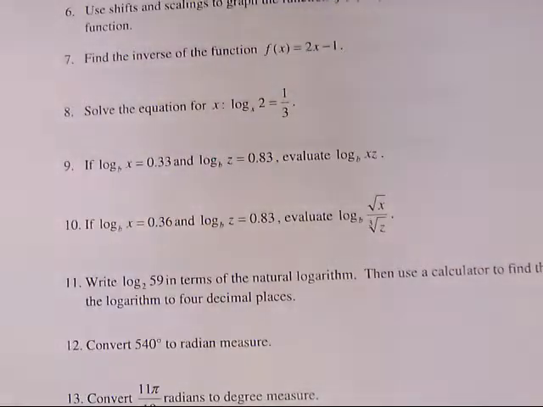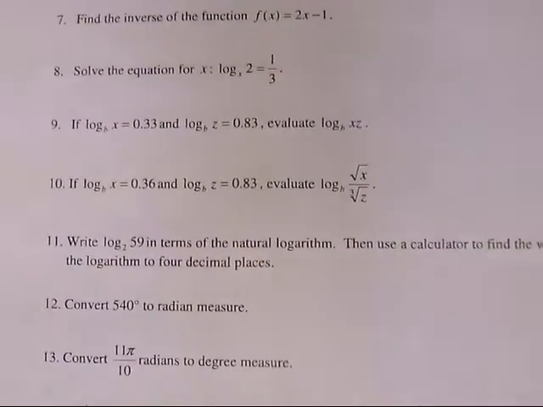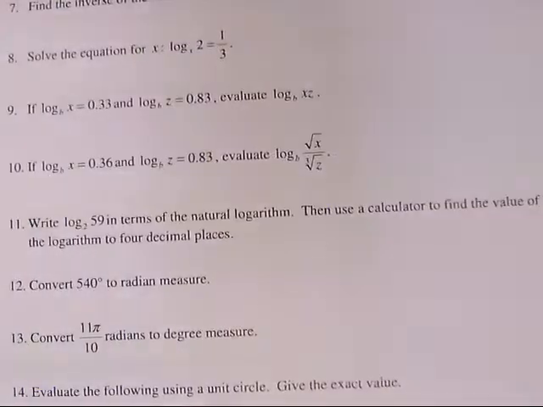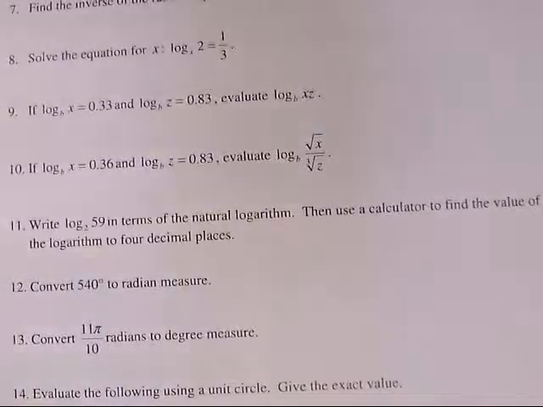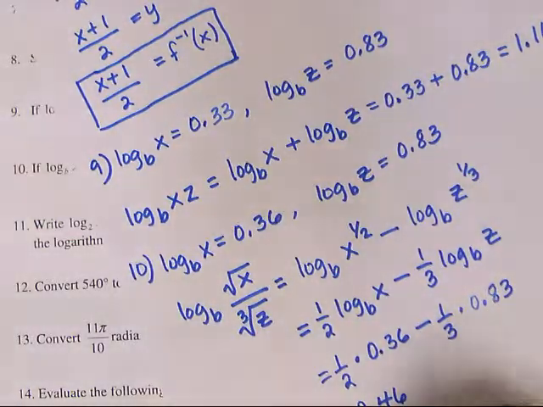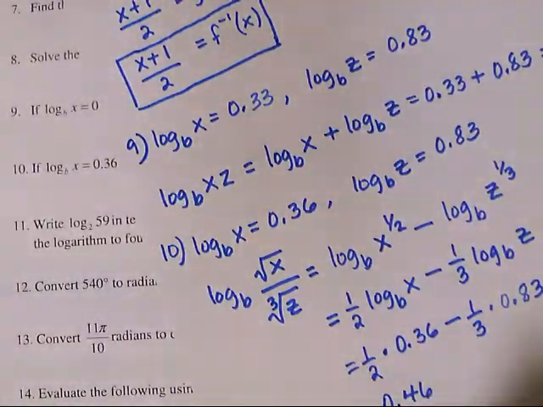Number 11. Write log to the base 2 of 59 in terms of the natural logarithm. Then use the calculator to find the value of the logarithm to 4 decimal places. So here, number 11, log to the base 2 of 59.